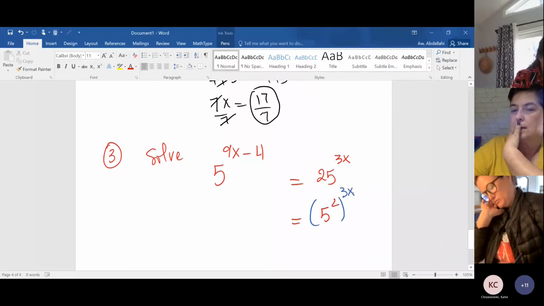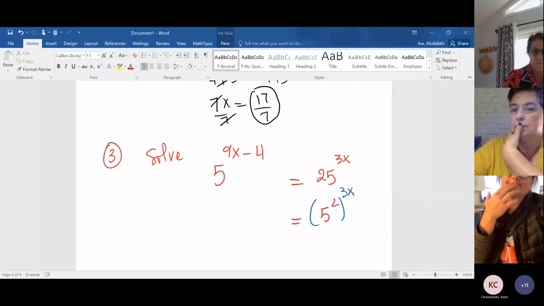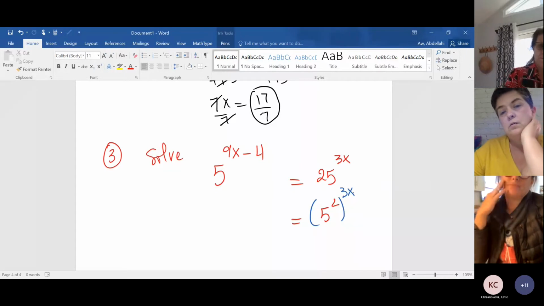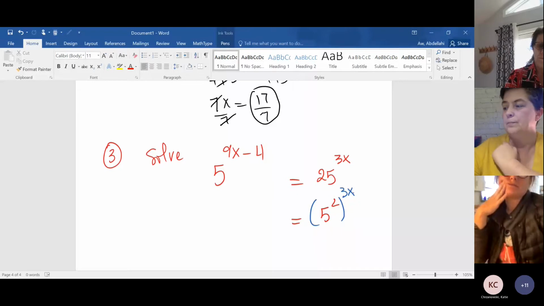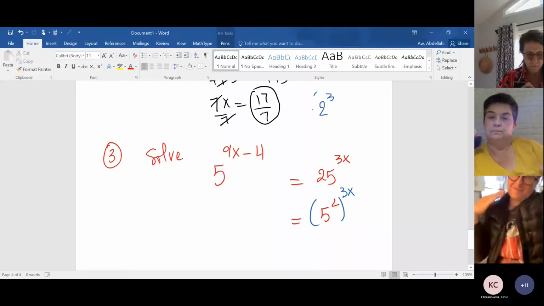Now go back to the exponents rule, everybody. When you have 5 squared all raised to the 3x power, what do you do to the two exponents? You add them up, you multiply them, you subtract them? Add? Are we sure? Multiply. Okay, let's pick an example right here. 2 cubed, and then we put 4 here.